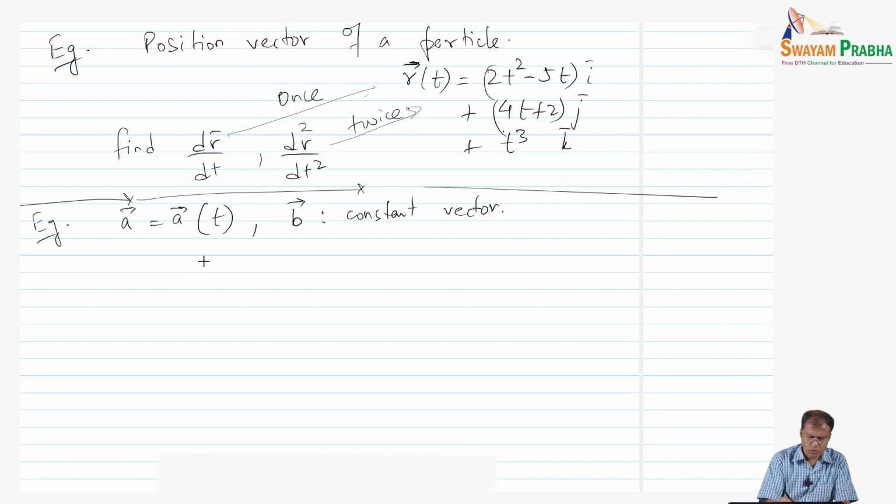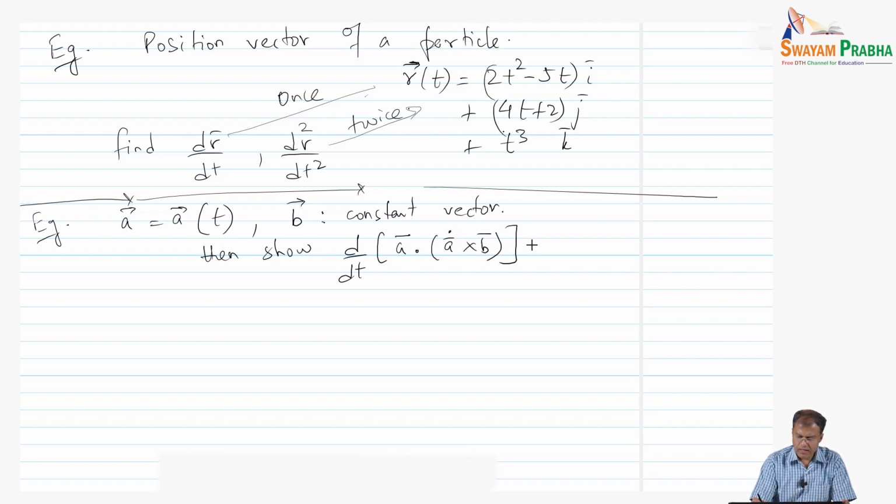Then we need to show that the derivative with respect to the parameter t of the triple product a dot (a dot cross b) is going to be a dot (a double dot cross b). So we need to show this.